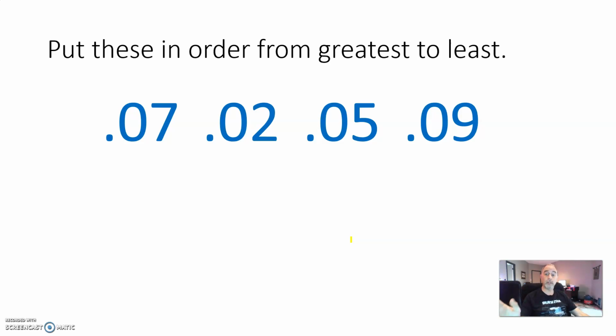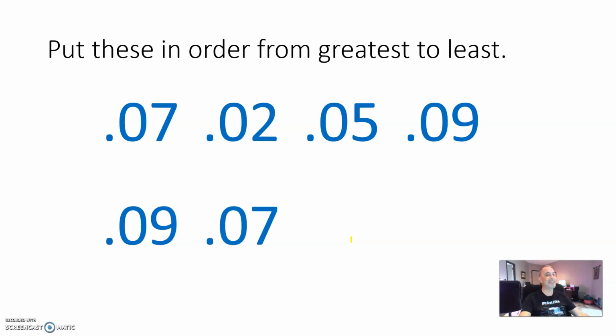Two digits per number. Let's put them in order. What's the biggest number? That's right, 9. And then 5, no, 7, and then the 5, and then the 2. 9, 7, 5, 2 hundredths. 9 hundredths, 7 hundredths, 5 hundredths, 2 hundredths.